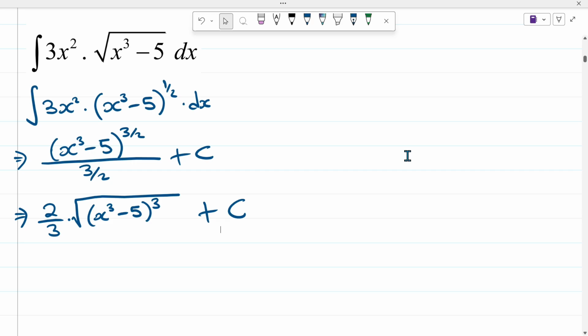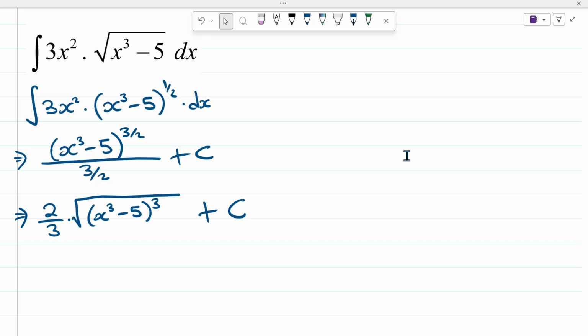And one more thing is that we also use it to make our integral able to be integrated, because without letting it equal u, we cannot integrate. So u substitution and general power rule work hand in hand.